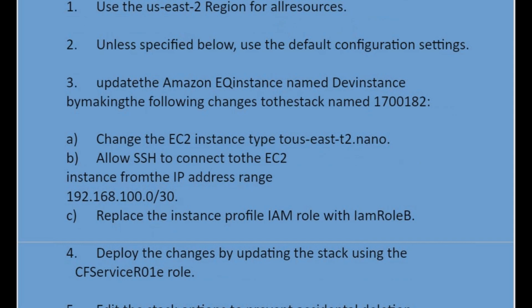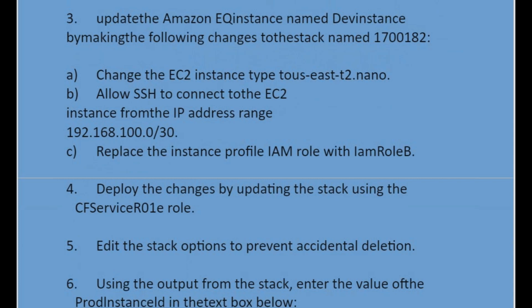Option A. Change the EC2 instance type to T2.nano. Option B. Allow SSH to connect to the EC2 instance, and format the IP address range to this. C. Replace the instance profile IAM role with IAM role 3.